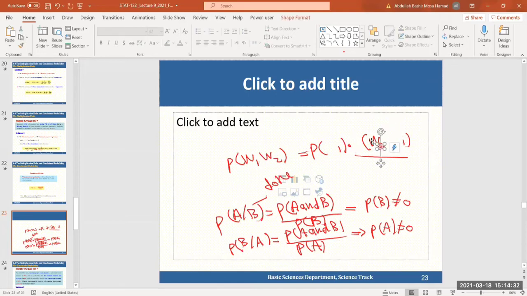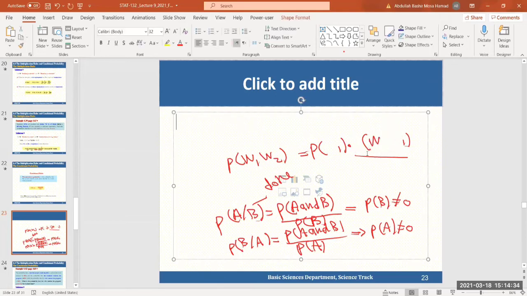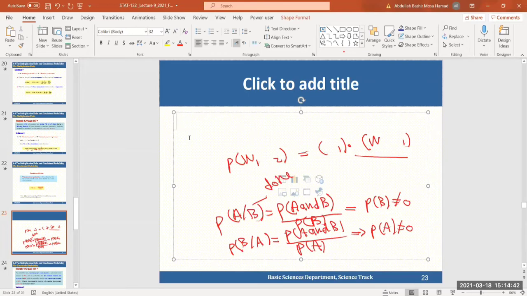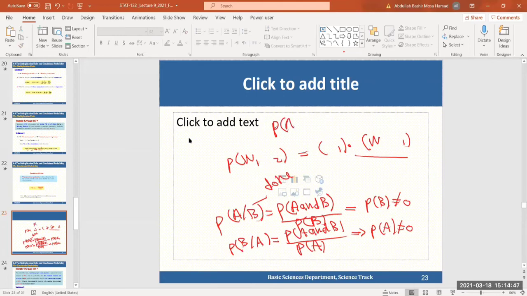If A and B are independent events, find P of A given B. Let's use the same formula. It is equal to P of A and B over P of B, right?